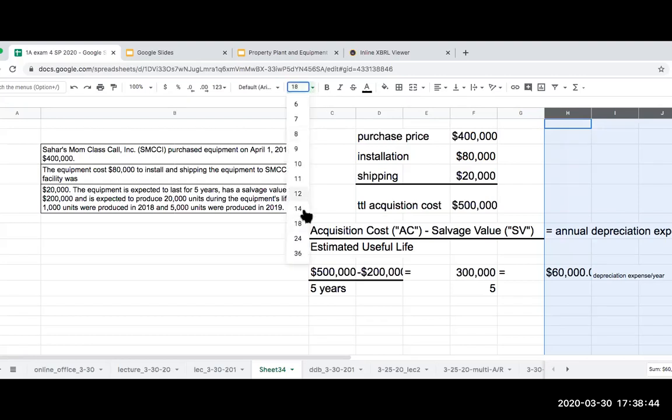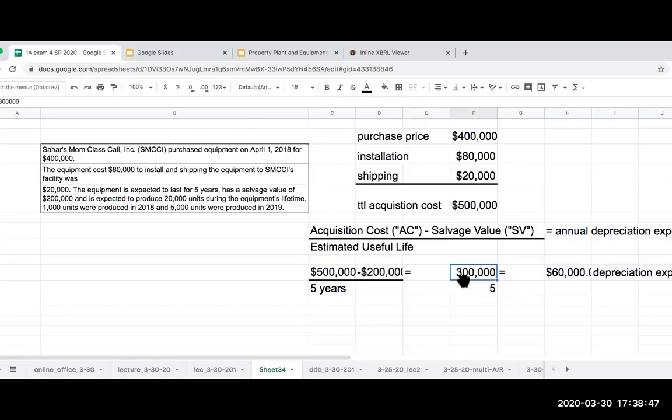So one of the challenges though right over here is that $60,000 is not the correct answer for 2018. For 2018, 60,000, right? But how many months did I use it for? I used it from April through December.